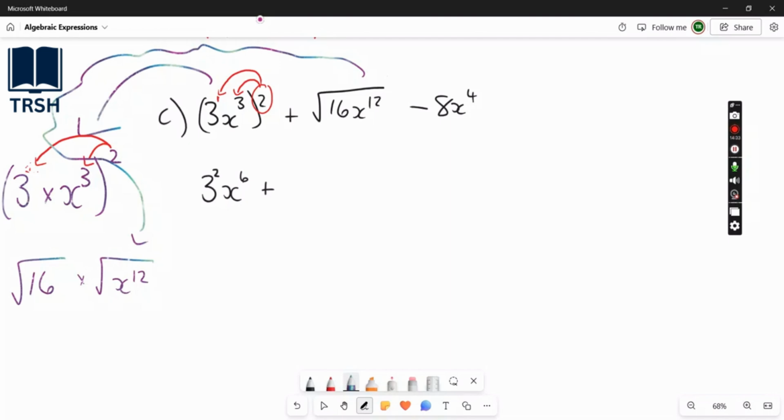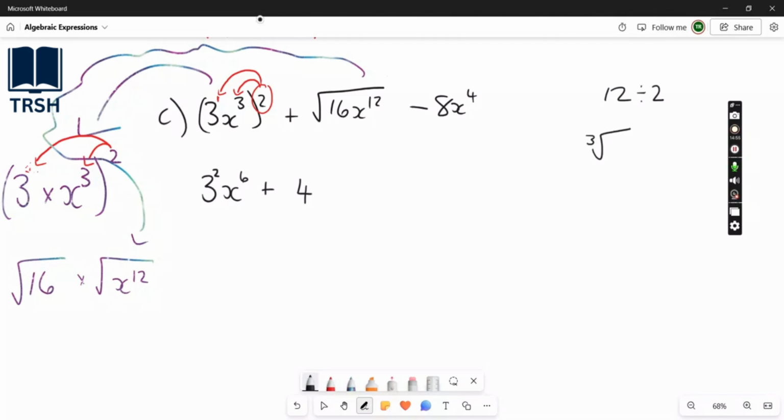So we need to now simplify. If we put the square root of 16 in the calculator, we'll then be able to get 4. So that will give us 4. And then x to the power of 12, that just means that we just need to say 12 divided by 2. So that's what that means.